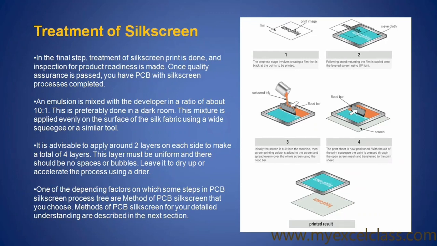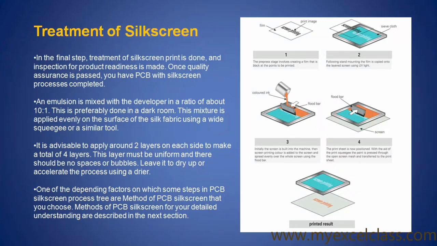Next, an emulsion is mixed with a developer. The emulsion is needed for this development, in a ratio of about 10:1, developer to emulsion. This is preferably done in a dark room.